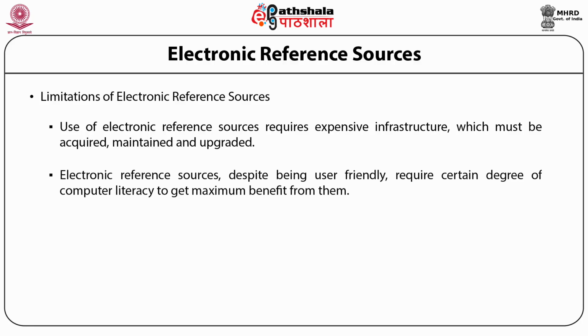Electronic reference sources, despite being user-friendly, require a certain degree of computer literacy to get maximum benefit from them. This means that the libraries have to incur expenses to train their staff as well as their users to use these resources.